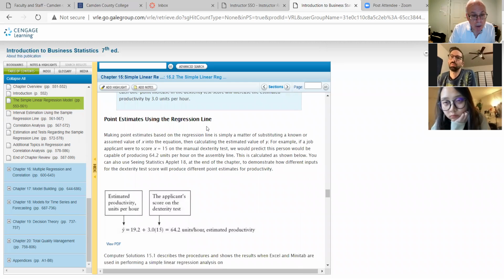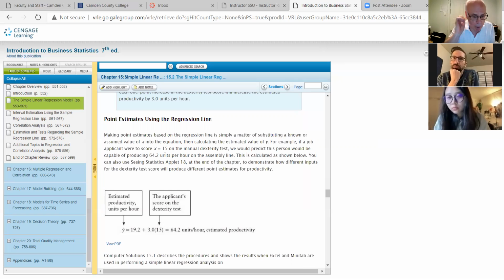Point estimates using the regression line, that's exactly what they mean by this. If we pick an x that's in the range of the x's in your data set, but that particular value of x is not itself in the data set, then we can just plug it into the equation, replacing the x with that value, like 15, and we come up with an estimated value of y. That's literally what regression does.